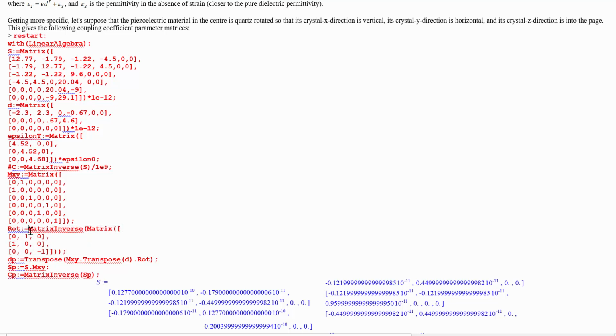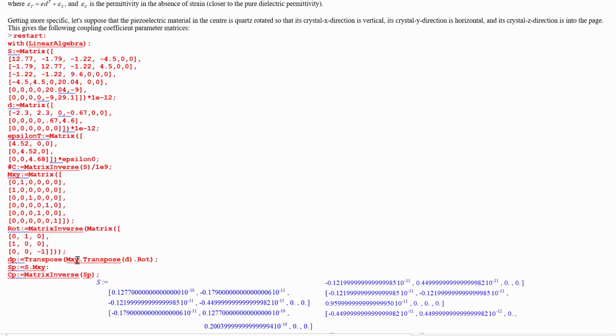Taking the inverse of this, because if that matrix tells you about the transformation that has to happen to the global coordinate system to get the local quartz coordinate system, then the inverse of that is what the local quartz coordinate system's opinion is going to be of a vector defined in the global coordinate system.